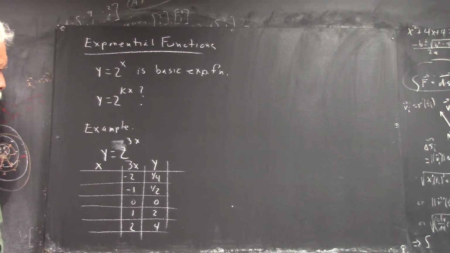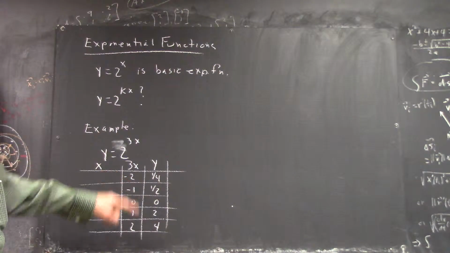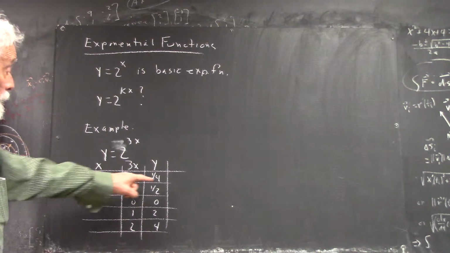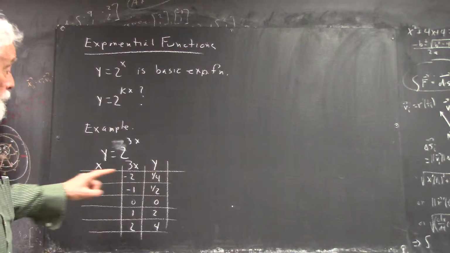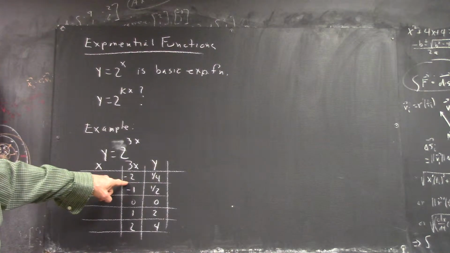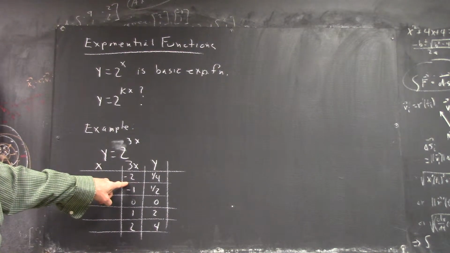So what value would x have to have in order for 3x to be negative 2? What value of x gives me y equals 1/4? It's the value for which 3x is negative 2, right? If 3x is negative 2, what's x?